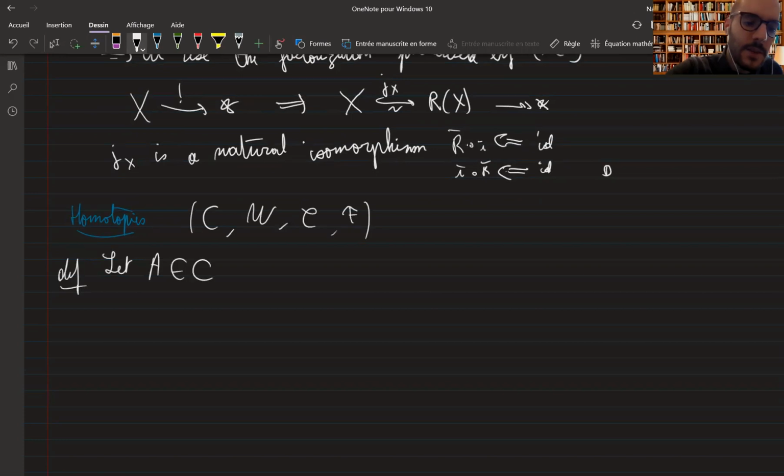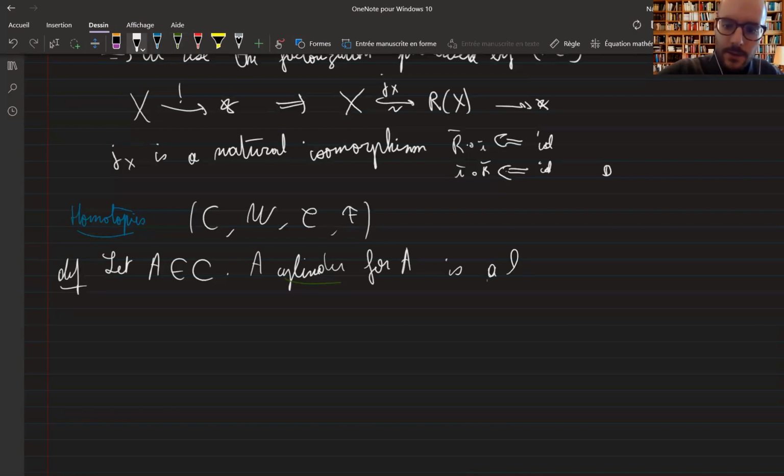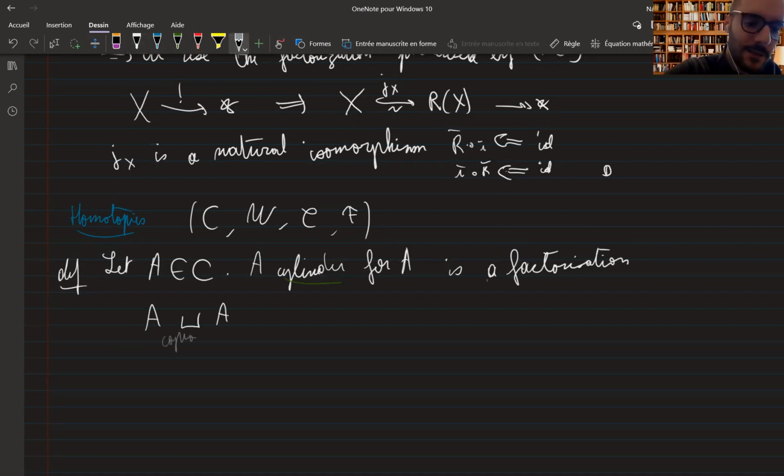So let A be an object. A cylinder for A, by definition, is a factorization. You have A and the coproduct of A with itself. This is my notation for coproduct, I'm always going to use this one. It's first a cofibration into some object C, C as in cylinder.